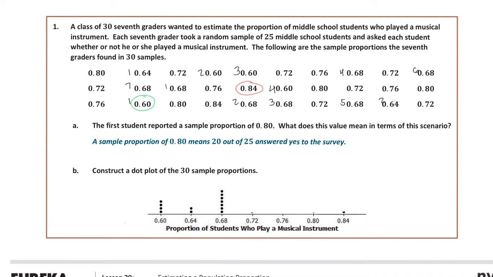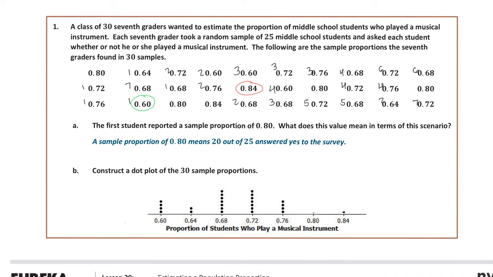Alright, for 72 hundredths, I see that we have 1, 2, 3, up to 7. So here again we will have 7 dots. All right, for 76 hundredths, 1, 2, 3, 4.